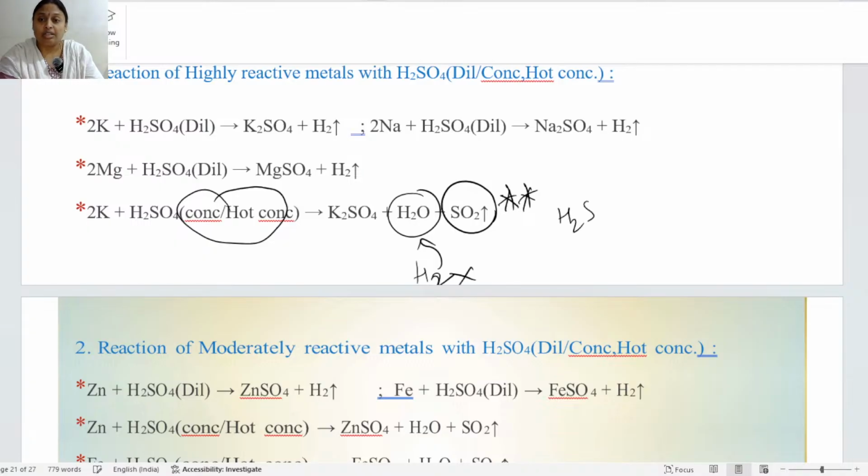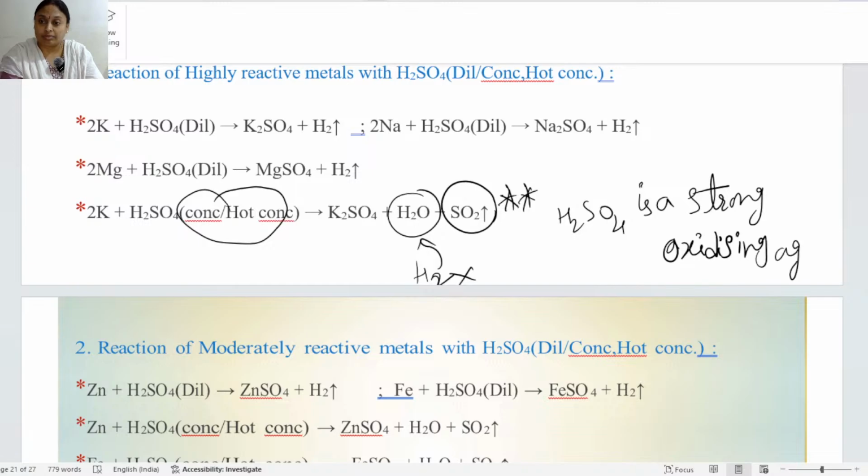Sulfuric acid is a strong oxidizing agent. Because of that, we get water and sulfur dioxide instead of hydrogen; the sulfuric acid itself is reduced to sulfur dioxide.